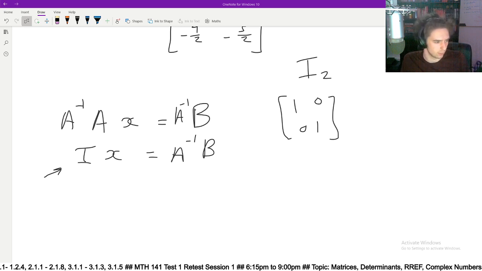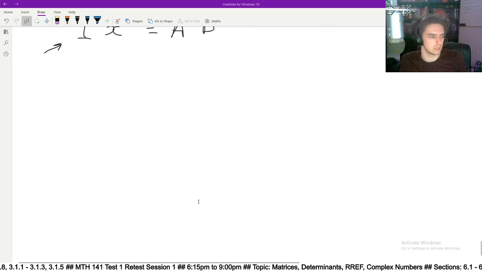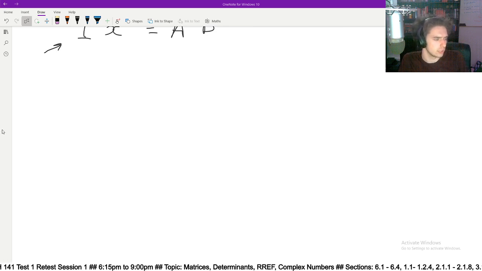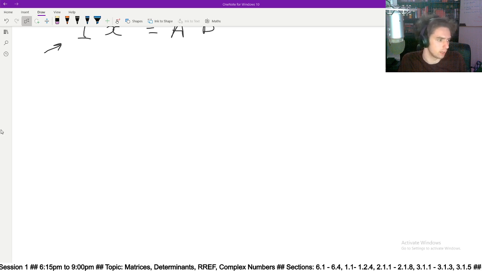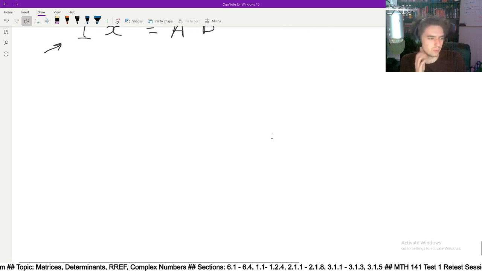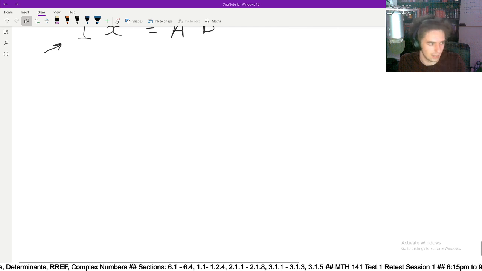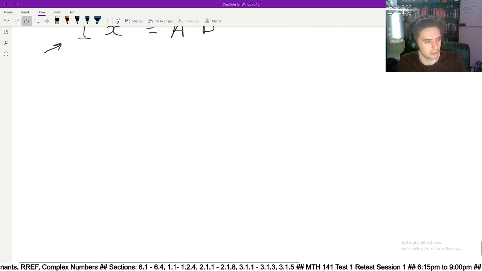Number 4 is: determine A inverse using row reduction, no credit given if a different method is used. Use the result of part A to find the solution to that. How do you find the inverse by row reducing? That's the way you find the inverse.